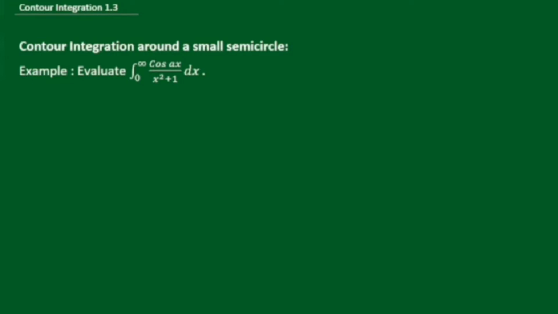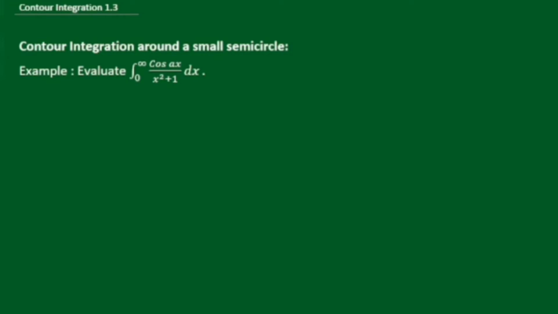Hello students, in a previous video lecture, we have seen the concept of contour integration around a small semicircle with one example. Today we will see one more example of the same topic in which the function of cos or sine is involved in the given integrand.